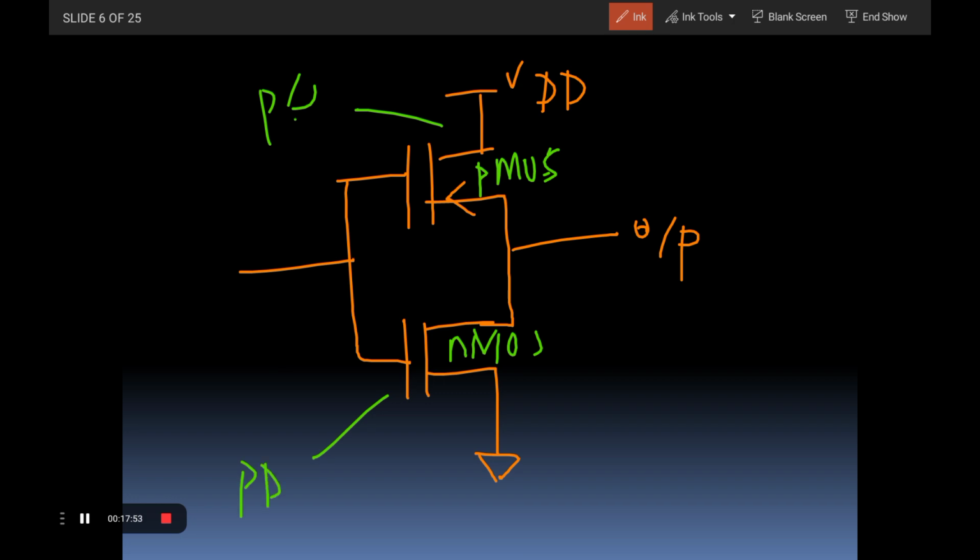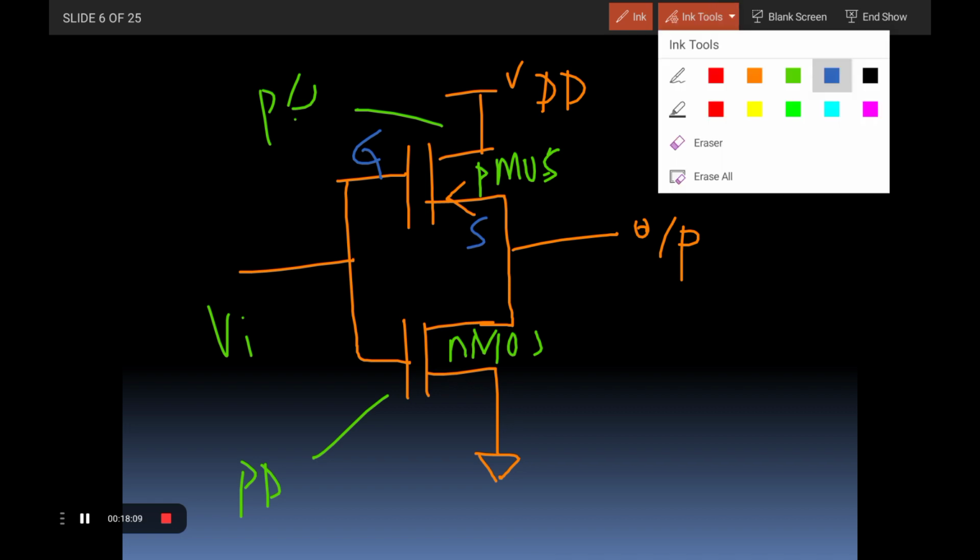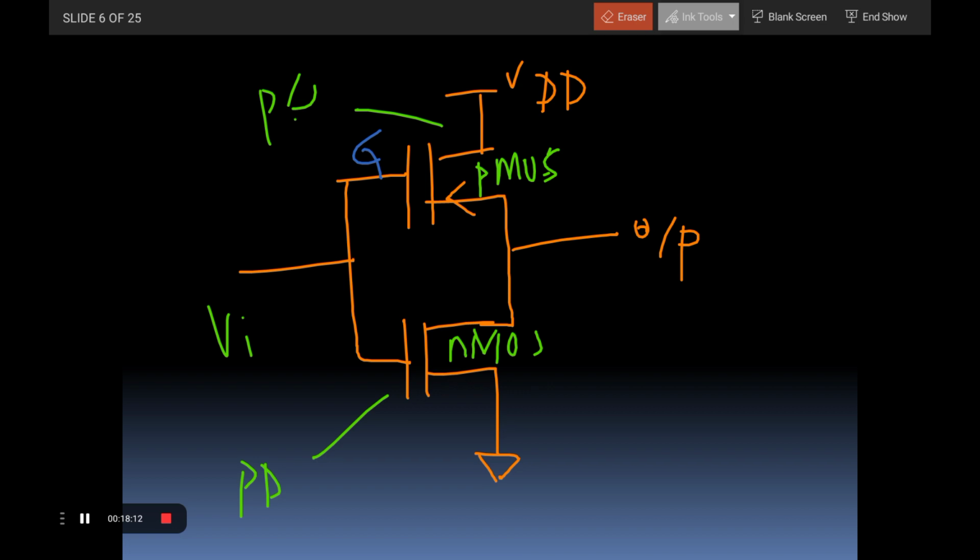Okay, so this is just the basic structure of a CMOS inverter. This is the input voltage. Each also has a gate and source. In this case, this one is not actually a source, it is a drain, right? It is very important, guys.